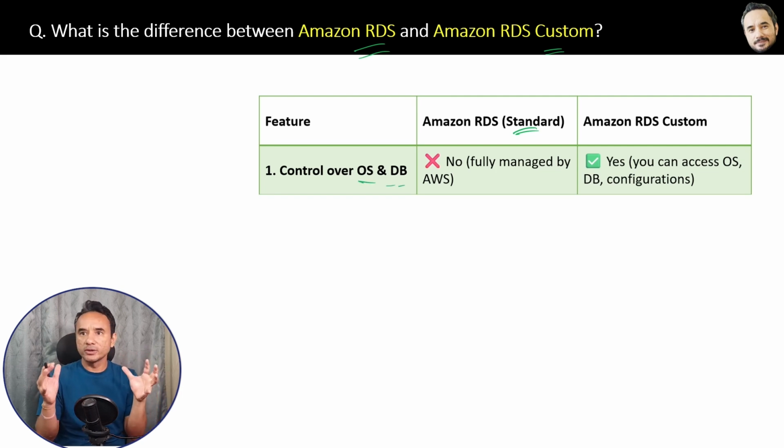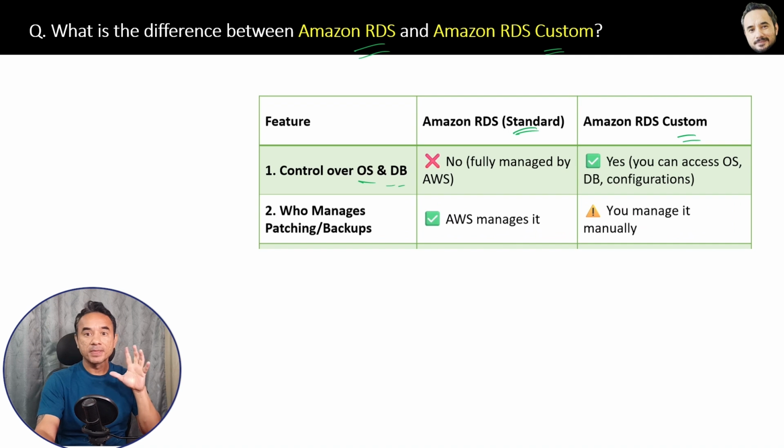Okay, you cannot control the operating system and database. It's fully managed by AWS. You just have to create the tables. Basically, only your data stuff you can do. Whereas, if you choose RDS Custom, you have full access to the OS, DB configurations, and most of the things, meaning more control you have in RDS Custom, okay?